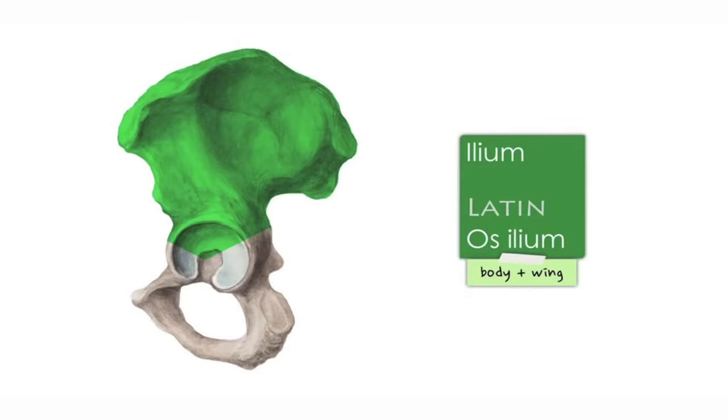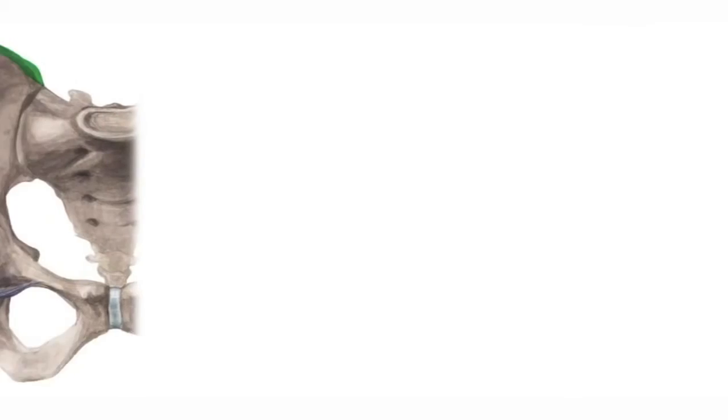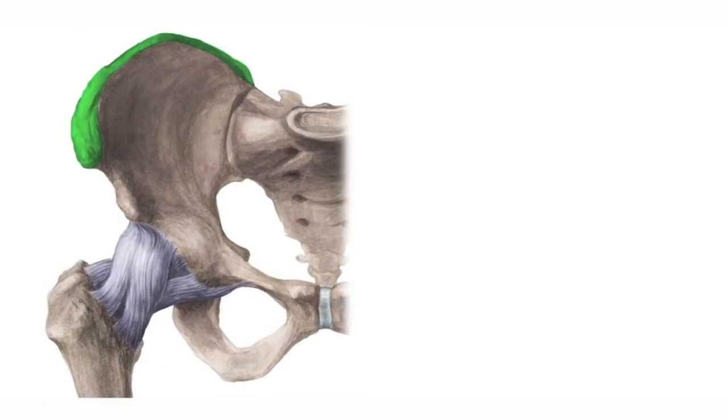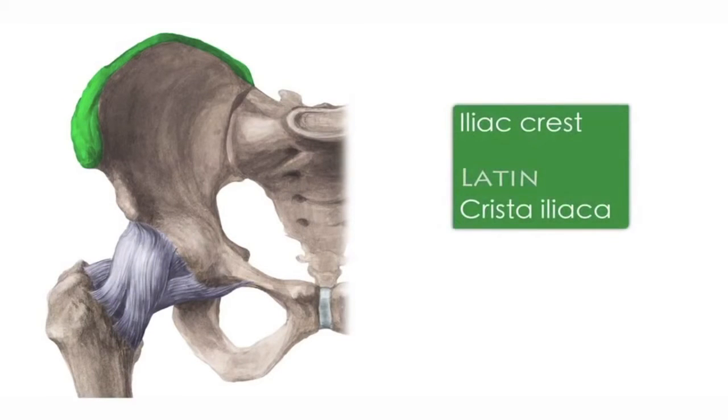Now, moving on to the different elements that we find within the structure, we need to talk about the iliac crest. This is the superior border of the wing of the ilium. As you can see on this image, it stretches from this spine here, known as the anterior superior iliac spine, all the way to the posterior part, to another spine known as the posterior superior iliac spine.